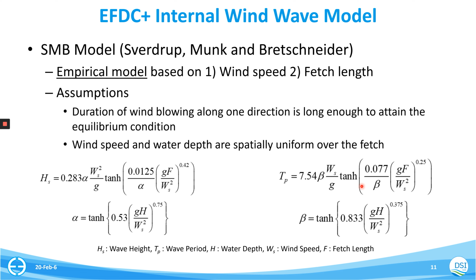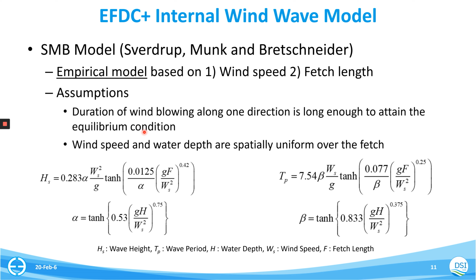For the internal wave model, EFDC Plus is actually using an empirical model, and it is solely based on the wind speed and the fetch length. And there are two assumptions made for this particular model. It assumes that the duration is long enough that the wind blows in one direction, long enough to let the wave reach an equilibrium condition.